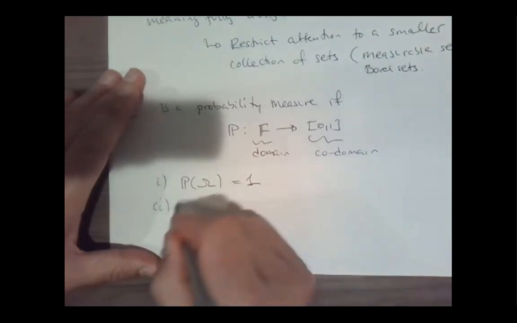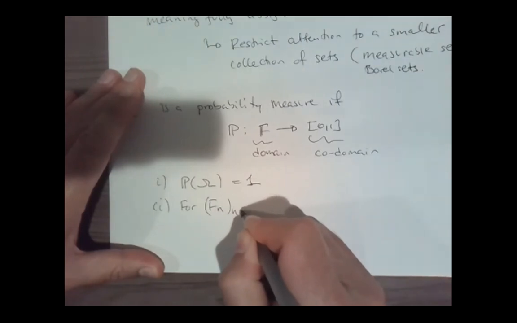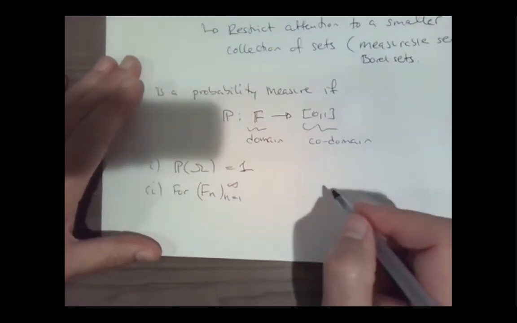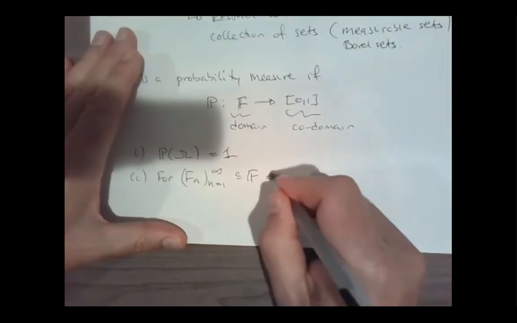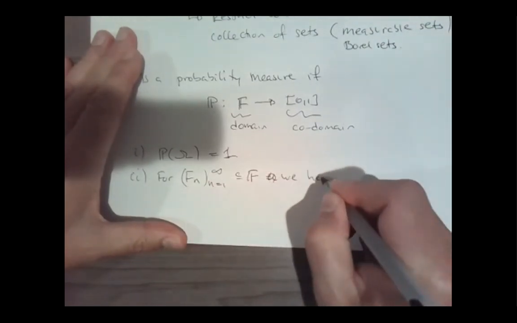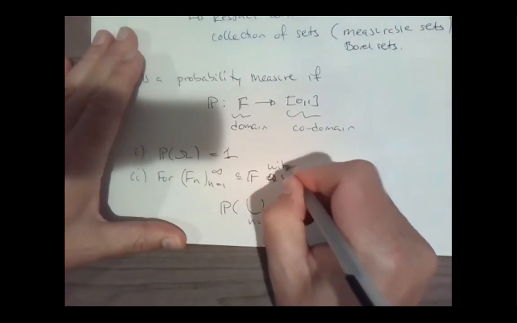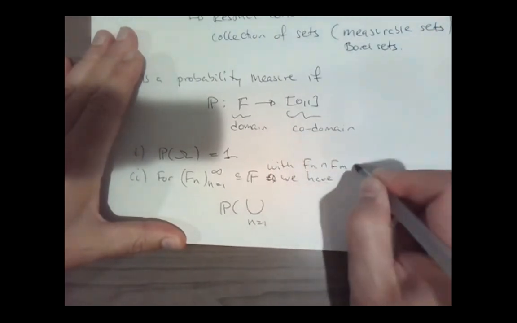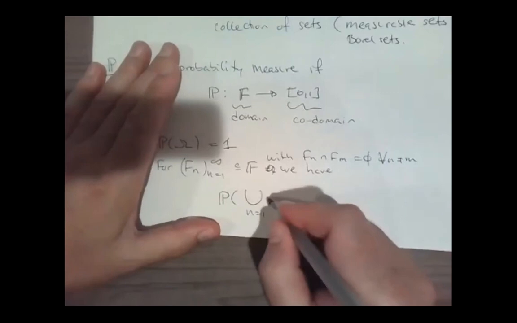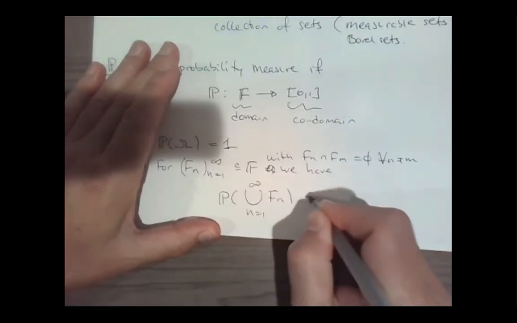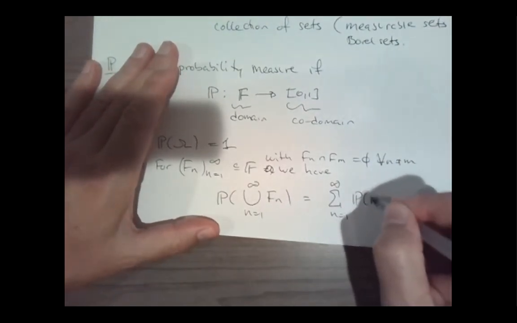And the second part is that if I take a countable collection of sets, all measurable, then for any such sets that are disjoint, so Fn and Fm are empty for any n that's not m, the probability of the union is exactly the same as the sum of the probabilities of the individual sets.